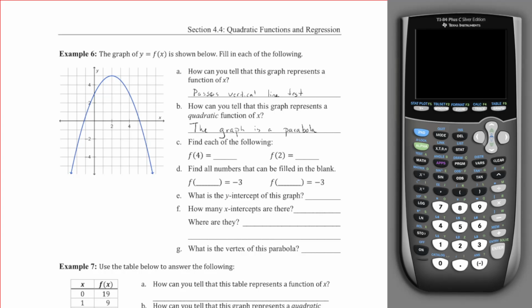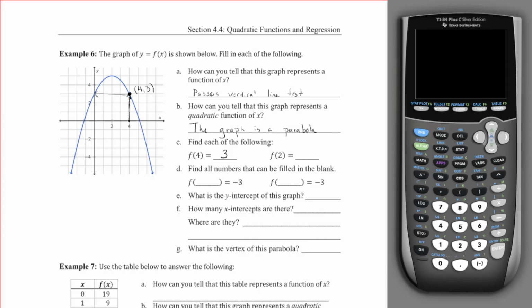If we want to find f of 4, we need to find the point on the graph where the x coordinate is 4. So that'll be this point. Looking across to the y-axis, we see that this is the point 4, 3. And so f of 4 is 3.